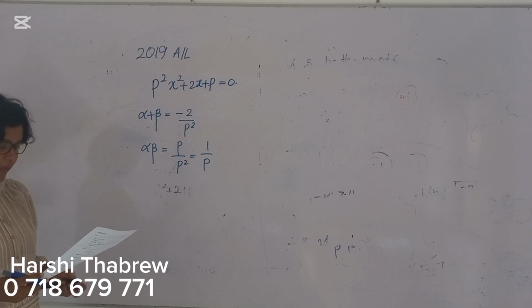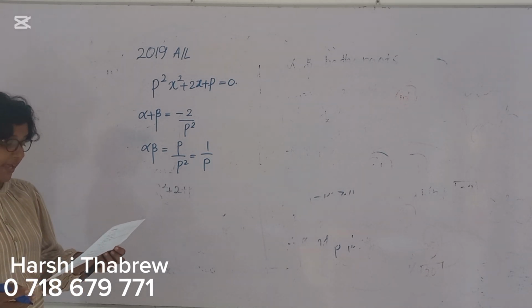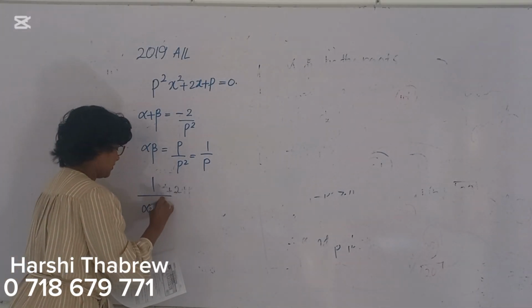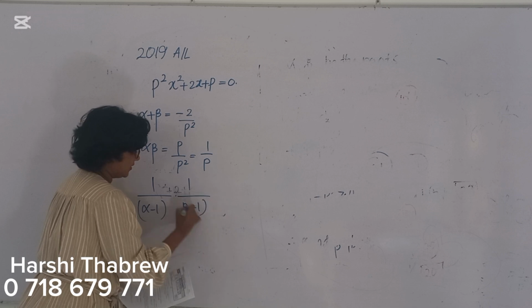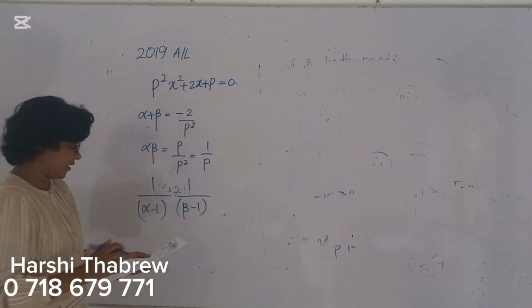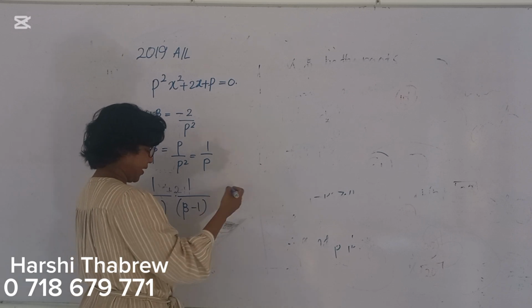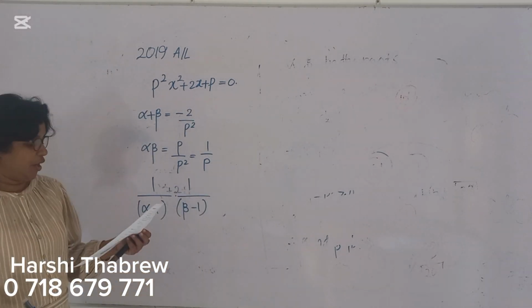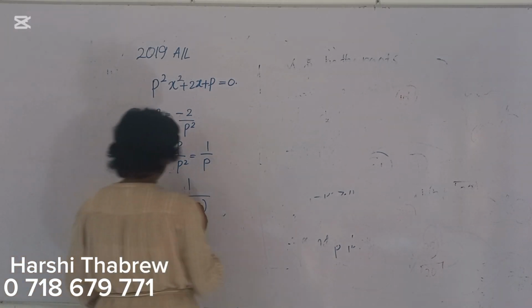Then show that 1 over alpha minus 1 times 1 over beta minus 1, this product, is equal to p squared over p squared plus p plus 2. You have to show that. The first thing you should do is simplify this.